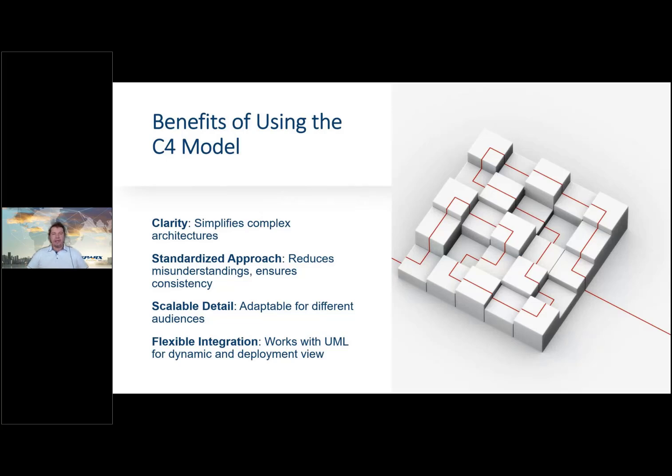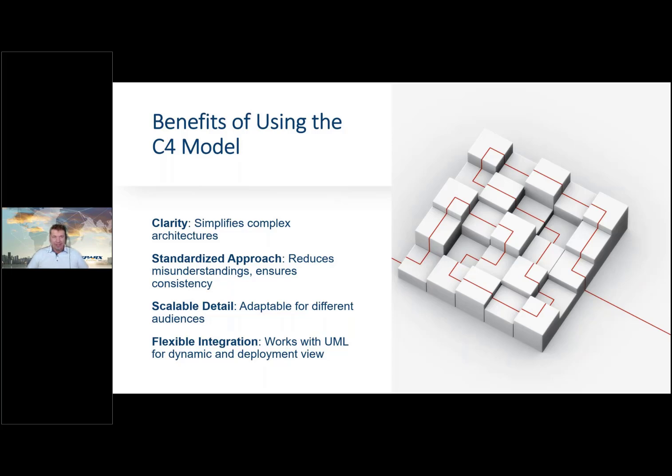First, it makes things clearer by breaking down complex architectures into simpler parts, which helps everyone understand the system better. So it really decomposes the complexity into simpler blocks. Second, it gives us a standard way to work that cuts down on confusion and keeps everything consistent. Third, we can adjust the level of detail based on who we are talking to, from quick overviews to in-depth explanations.